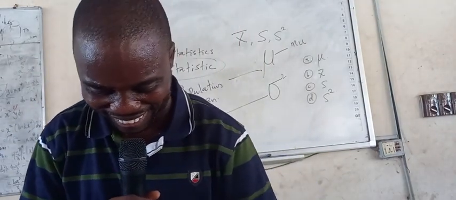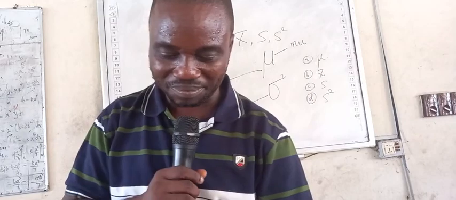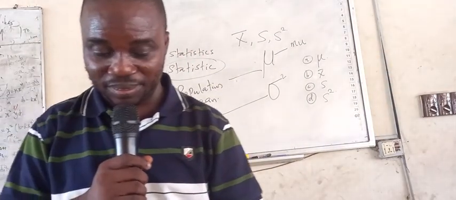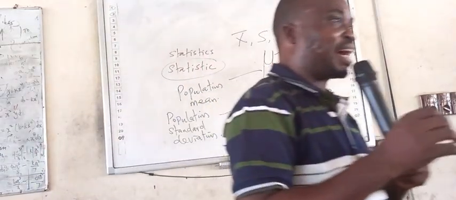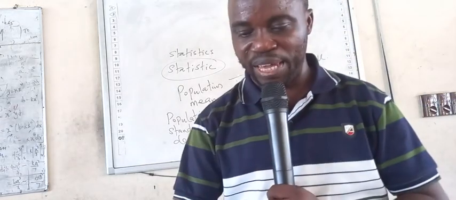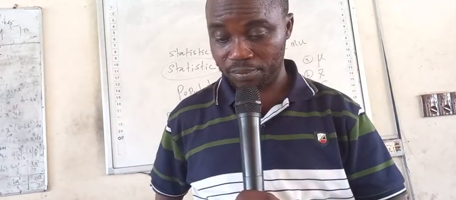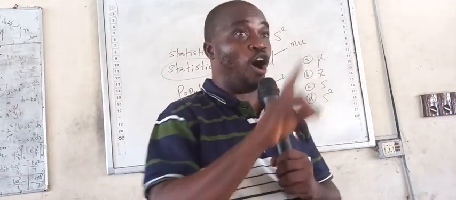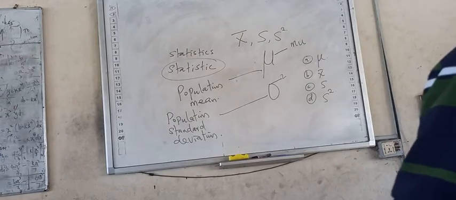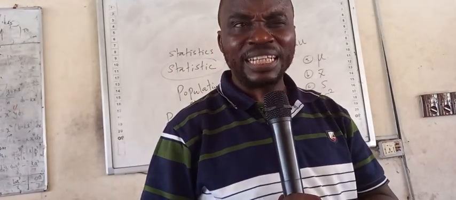Let me now define a discrete variable. This is a numerical variable that assumes a finite number or a countable infinite number.